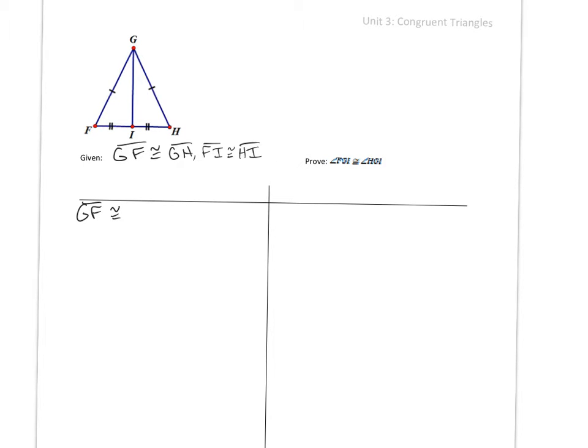GF congruent to GH, FI congruent to HI. And I want to prove that two angles are congruent. Well, in order to prove that two angles are congruent, I first have to prove that the triangles themselves are congruent. So that's what I'm going to be looking for.